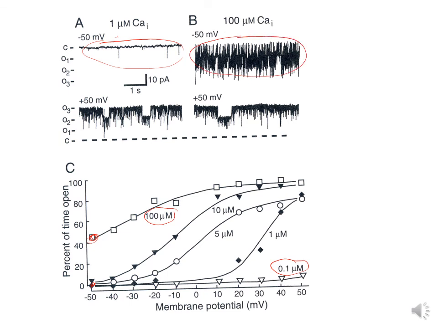At plus 50 millivolts, on the other hand, these channels are almost maximally open, even if there is 0.1 micromolar or 1 micromolar, or 100 micromolar in the intracellular environment. So these channels are primarily gated by voltage, but calcium can modulate the gating of these channels. And the action of intracellular calcium is to facilitate the opening of these channels.